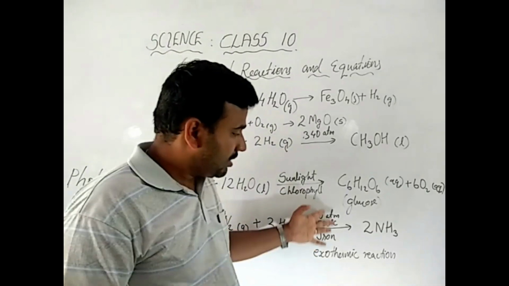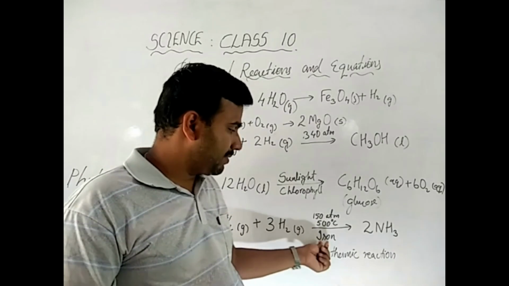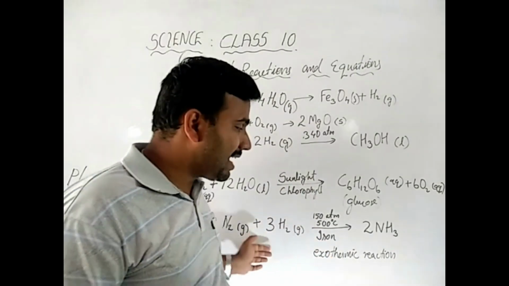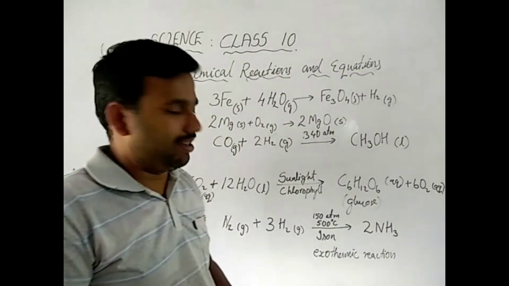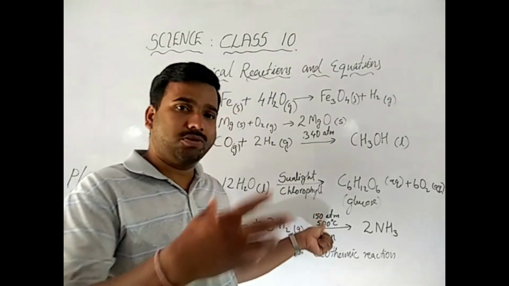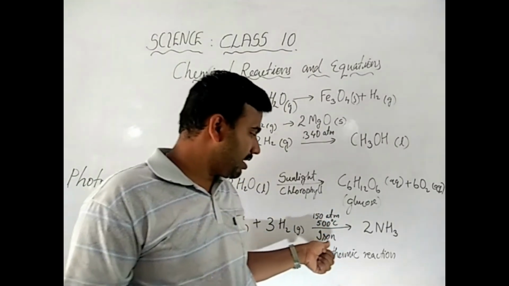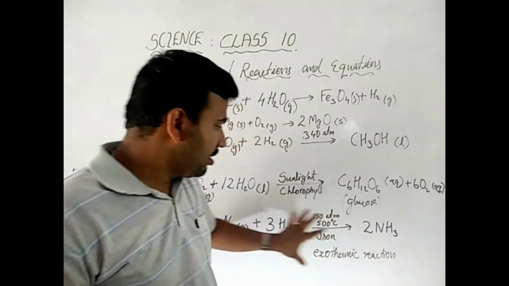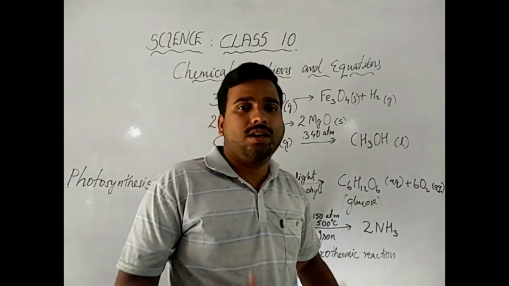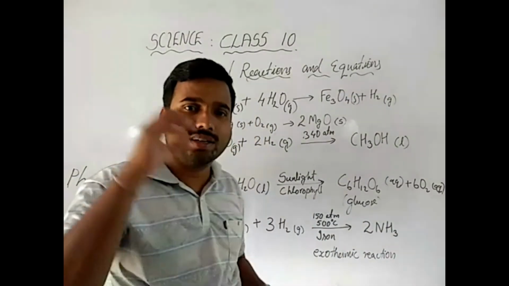For that purpose we are using iron. That is known as a catalyst, which enhances the rate of a chemical reaction. These are the essential conditions: 150 to 200 atmospheric pressure, 500 degrees centigrade temperature, and the presence of catalyst iron. These are the essential conditions required for carrying out this particular chemical reaction.